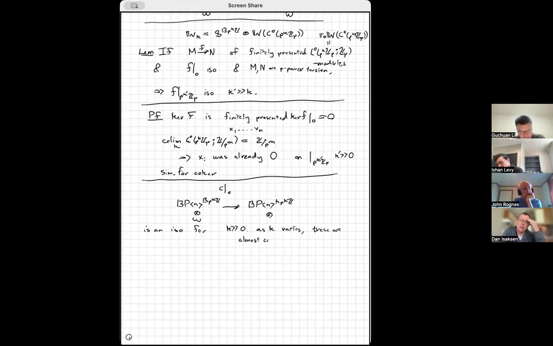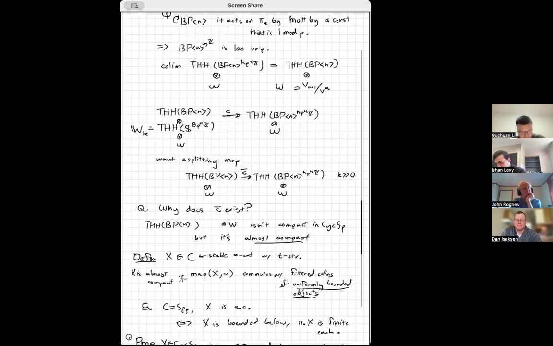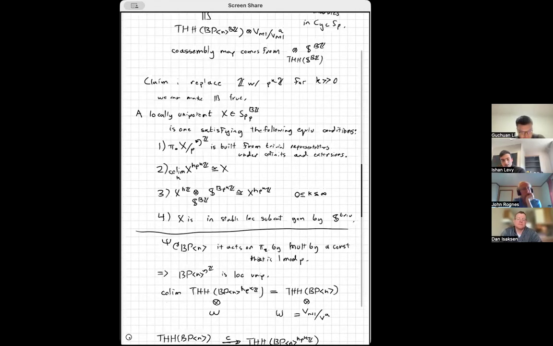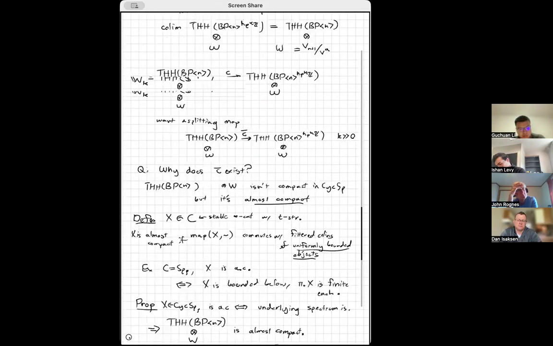They're almost compact. And as they're varying, so recall this third condition that I'll scroll back up. So we had this condition that tells one of the equivalent conditions for being locally unipotent is that taking the fixed points by a smaller subgroup is the same thing as just base changing along a ring map. That was one of the equivalent conditions for being locally unipotent.